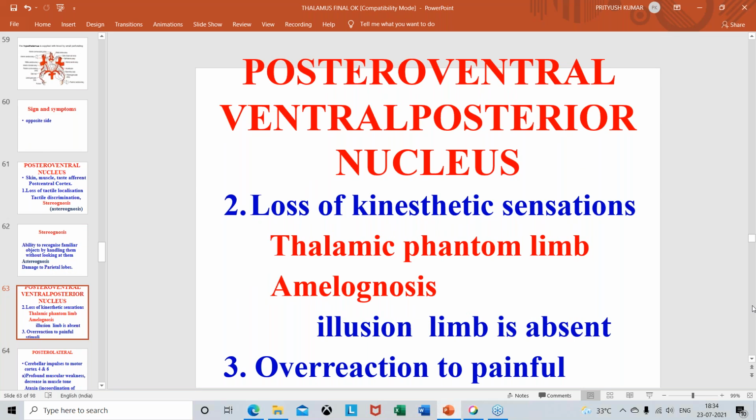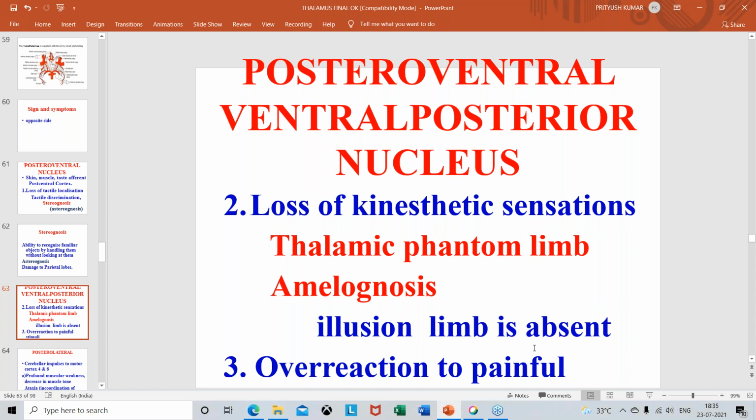This ventro-posterior nucleus lesion also causes a loss of kinesthetic sensation, and because of this it is known as the thalamic phantom limb. There is an illusion that the limb is absent. Why is there such an illusion?